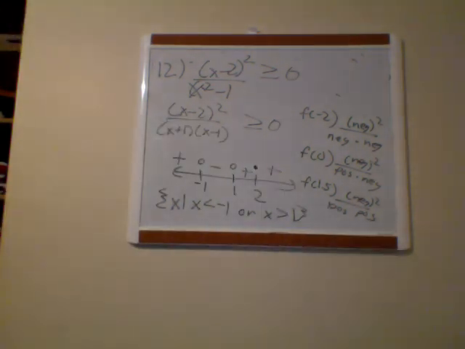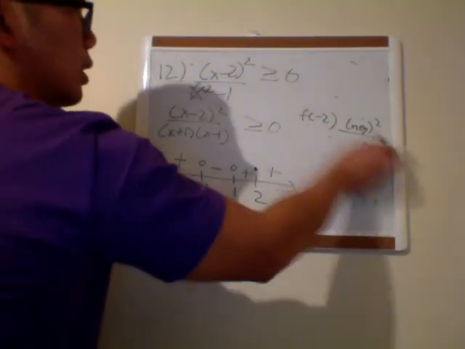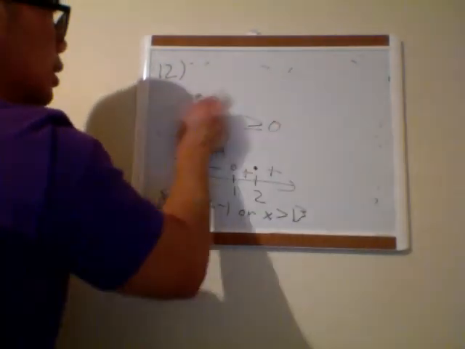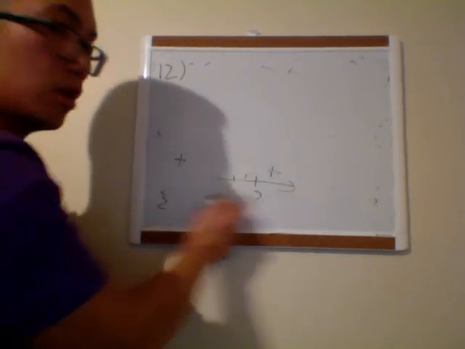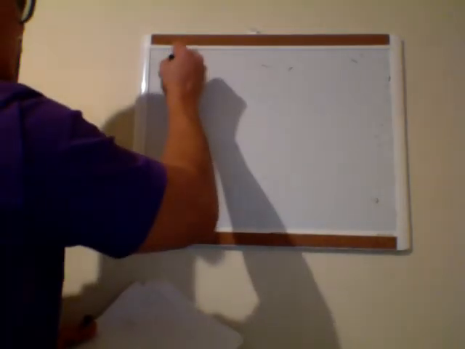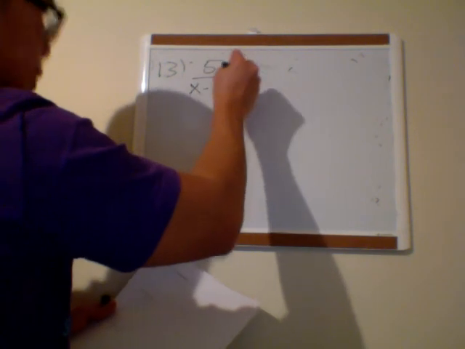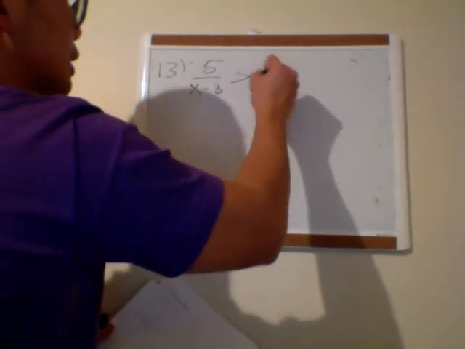And in number 13, I have 5 over x minus 3 is greater than 3 over x plus 1.